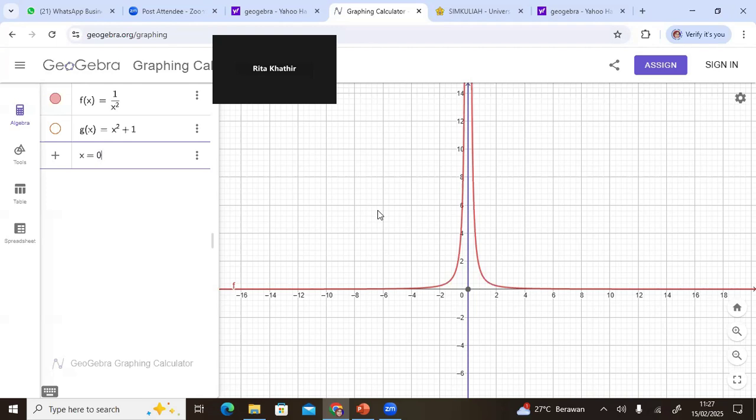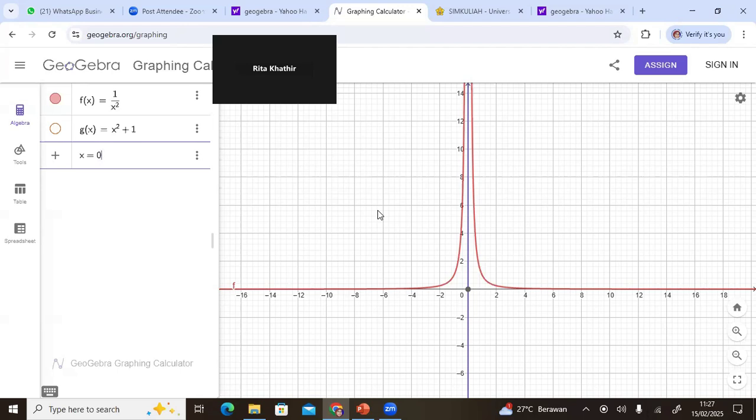I have a problem because I changed the direction. Now I have this blue line as x equals 0, and we assume this blue line is the asymptote.